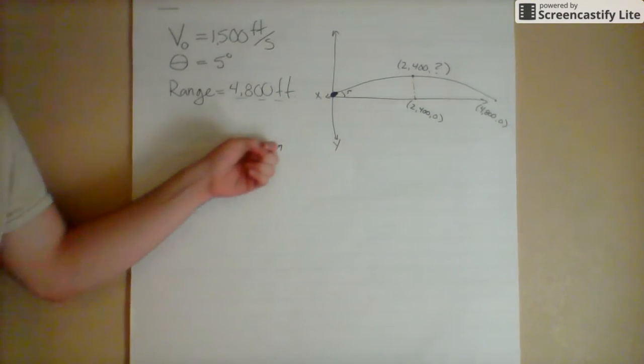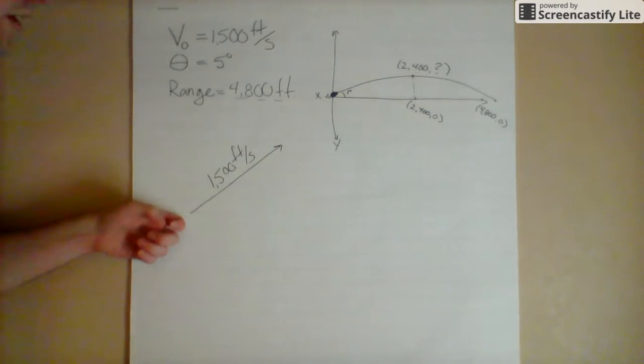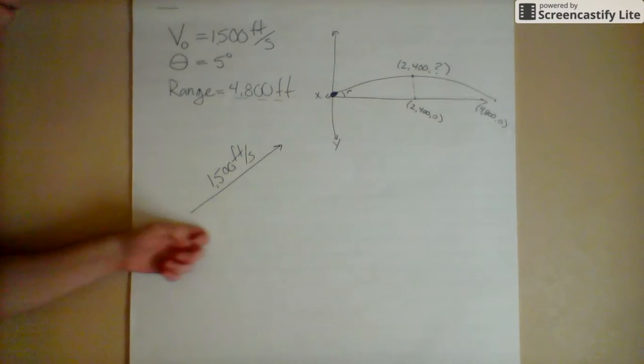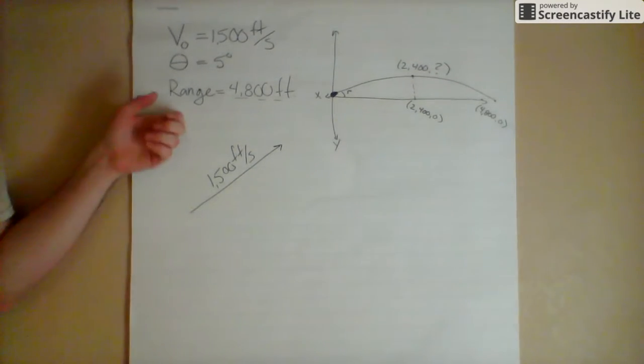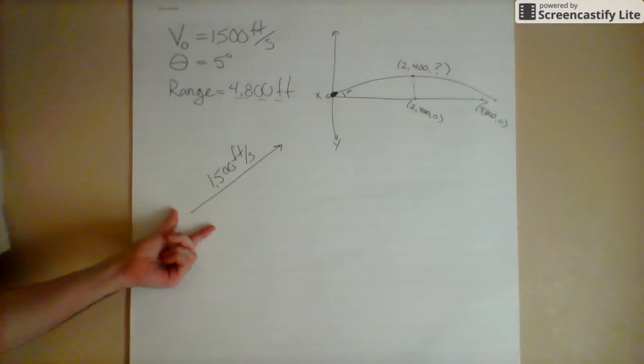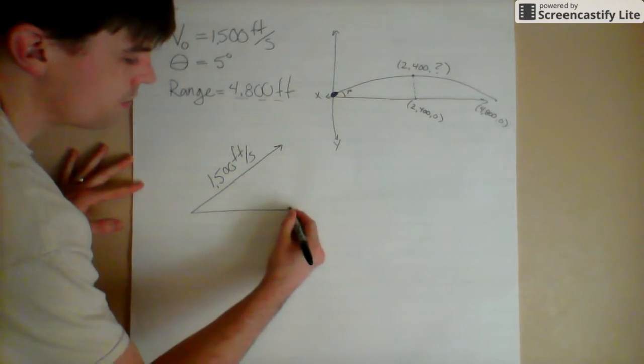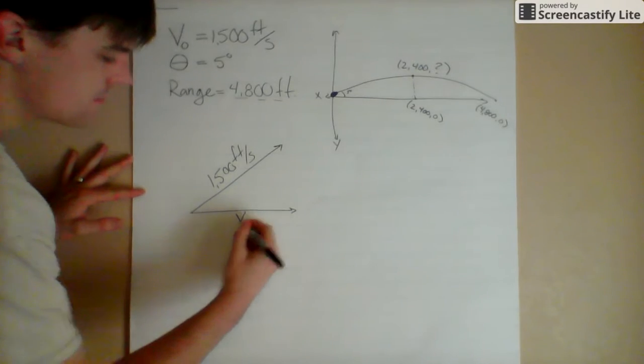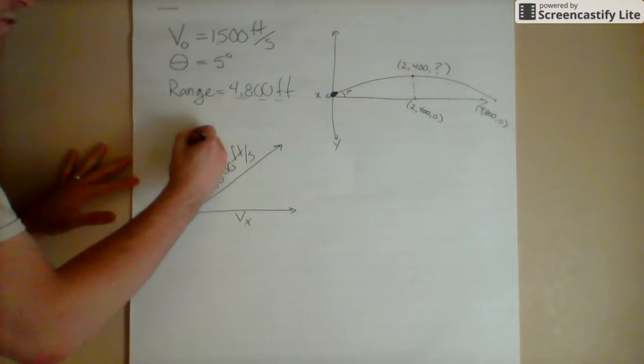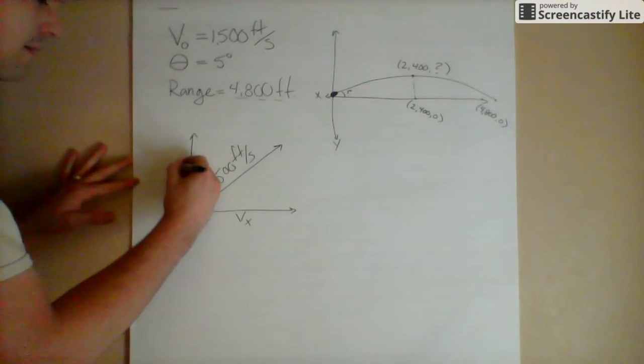If something is moving at an angle, you can think of it as covering ground, but also increasing in height. So we can actually think of this vector as being composed of two other vectors: a vector in the horizontal direction, which we're going to call Vx, and a vector in the vertical direction, which we're going to call Vy.